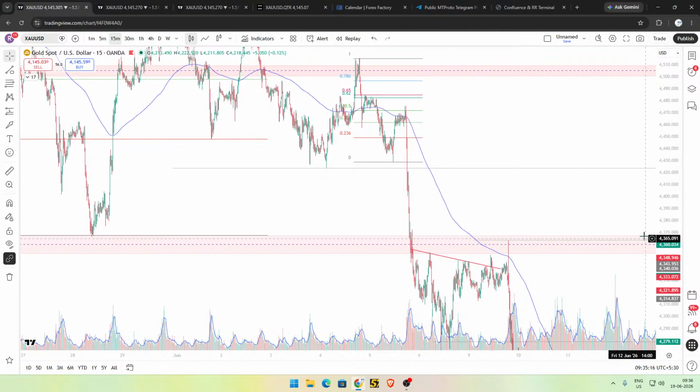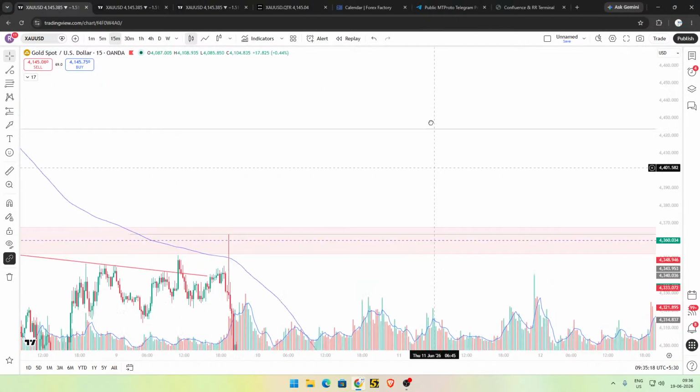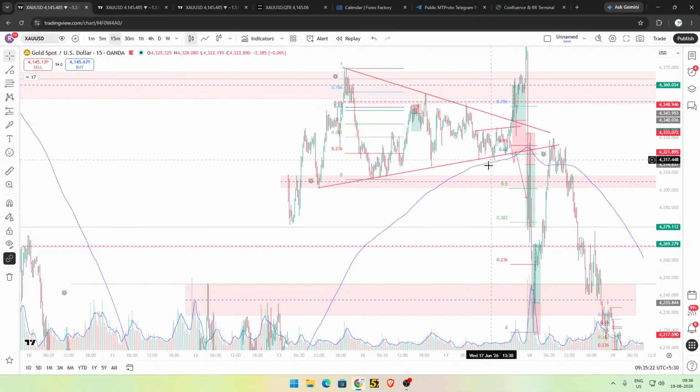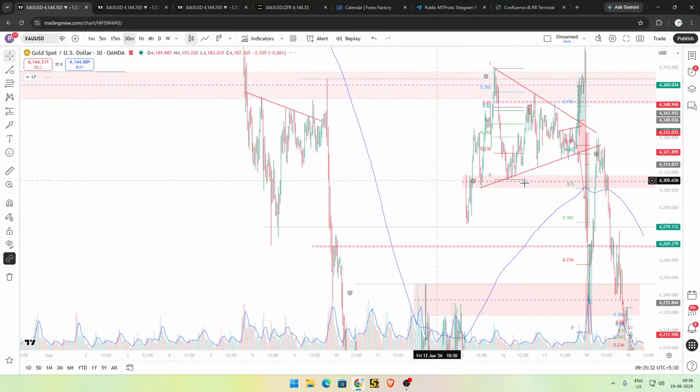So let me tell the moving average first. The moving average mistake that happened was here. It didn't cross, but I said to myself it will cross after the breakdown, but it didn't. Because of that it went up.